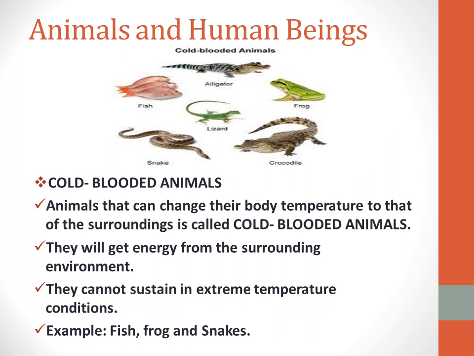Examples of cold-blooded animals are fish, frogs and snakes. So what are cold-blooded animals? Animals which can change their body temperature to that of the surroundings.